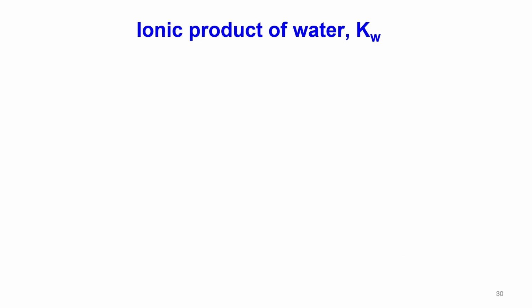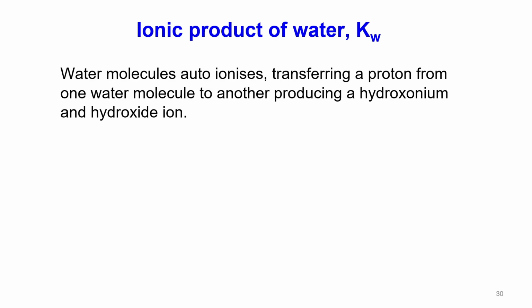Alright, next we discuss the ionic product of water, Kw. Water molecules auto-ionize, transferring a proton from one water molecule to another, producing a hydroxonium and a hydroxide ion.